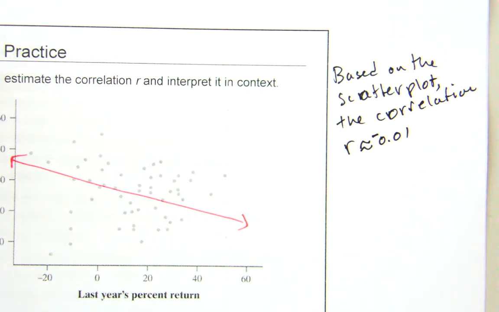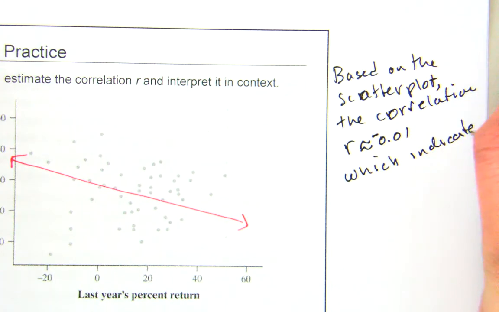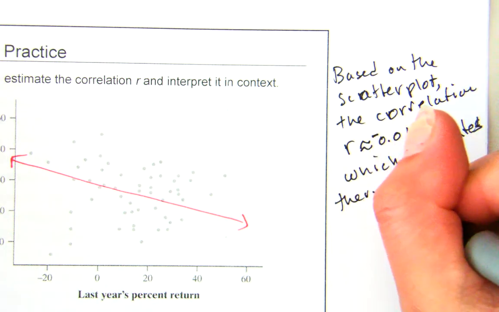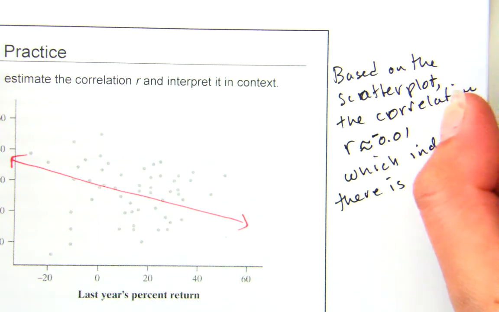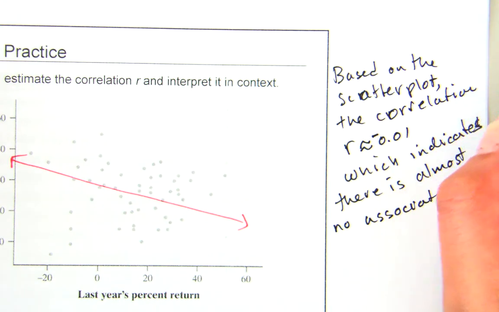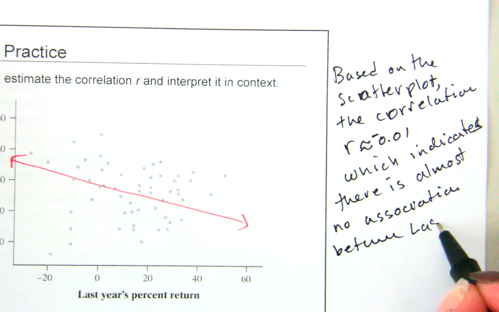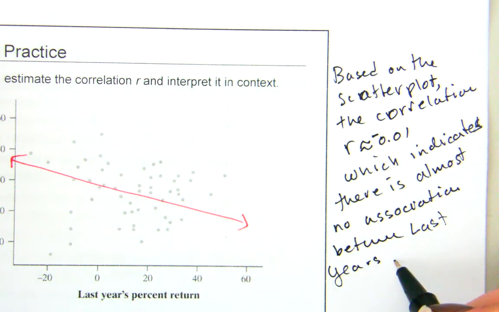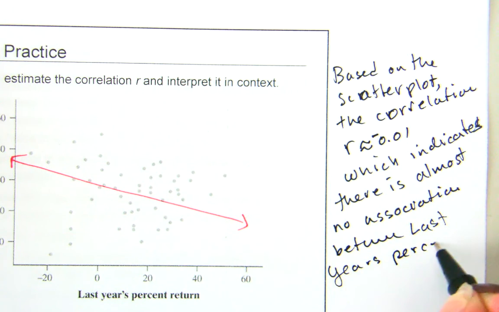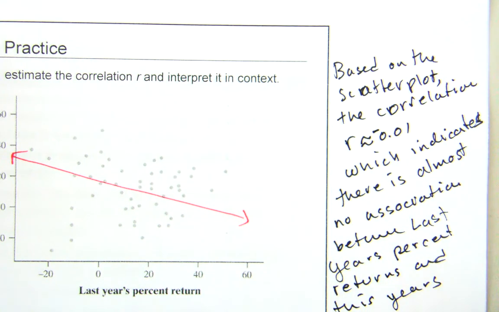So based on the scatterplot, the correlation R is approximately close to negative 0.01, which indicates there is almost no association between last year's percent returns and this year's percent returns.